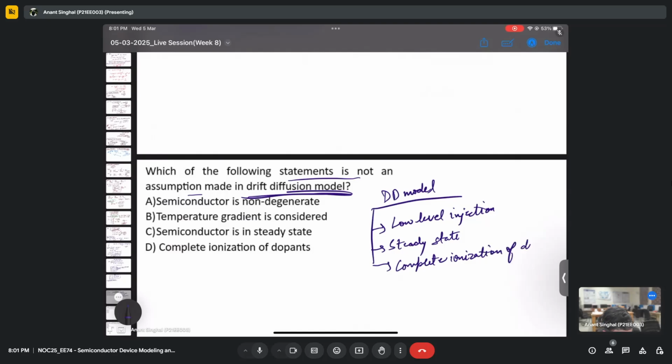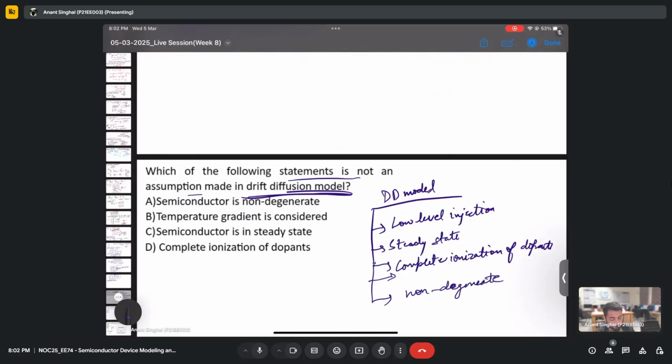In the previous class, we were calculating what happens if some of the dopants are not ionized, what the rate and the energy level are. So in the DD model, we always assume complete ionization of the dopants, and it is always non-degenerate. So what is non-degenerate? Can someone tell?